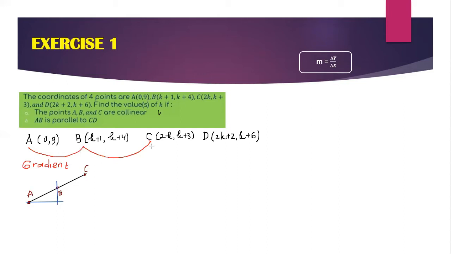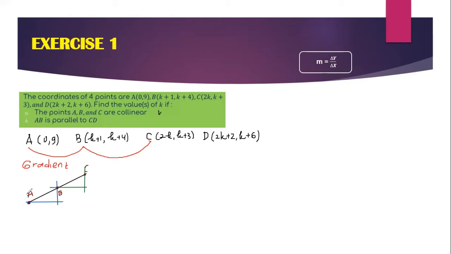This one is the steepness of BC. Since A, B, C are collinear, the line connecting AB has a gradient, let's say M1.